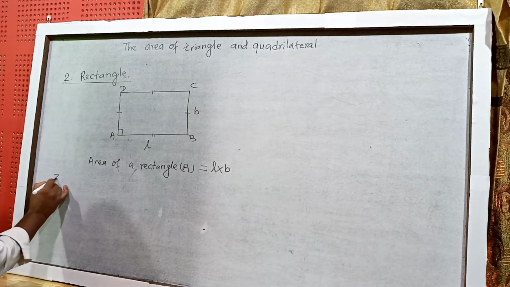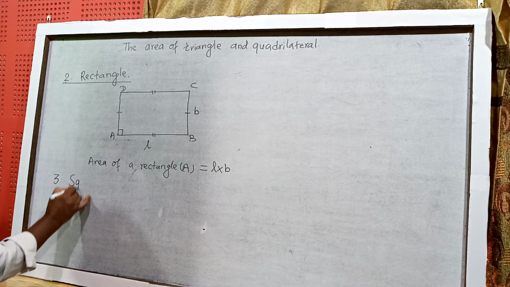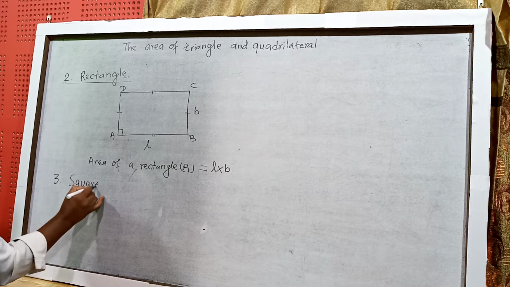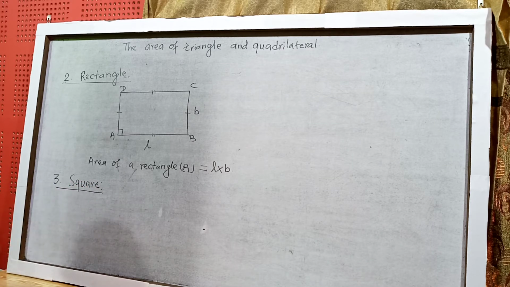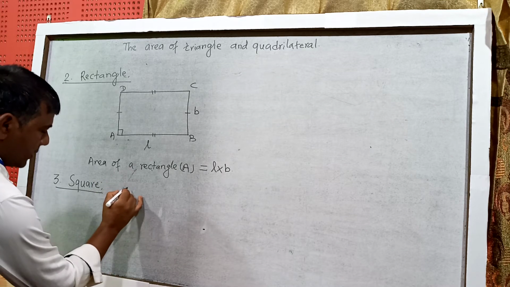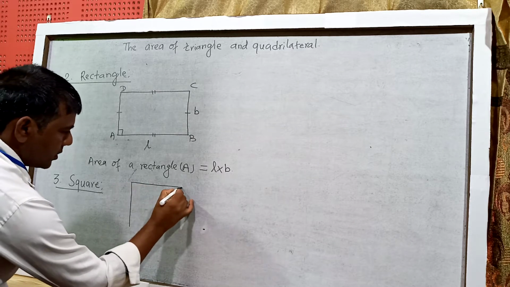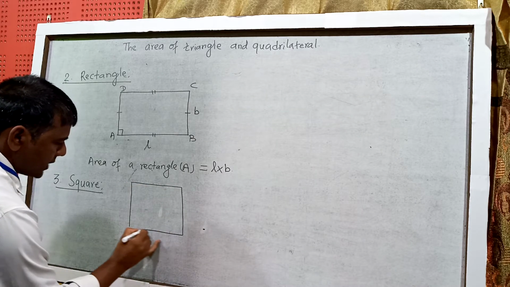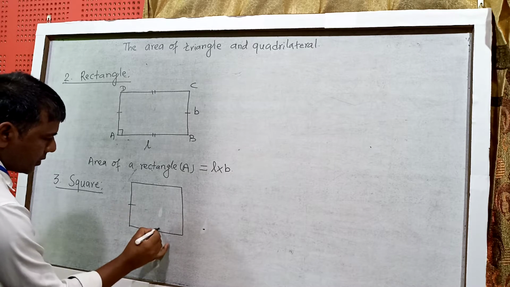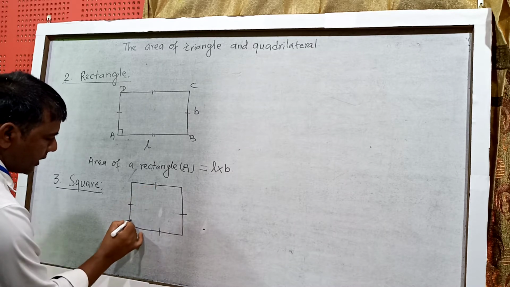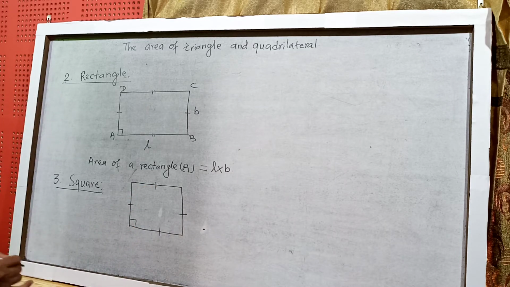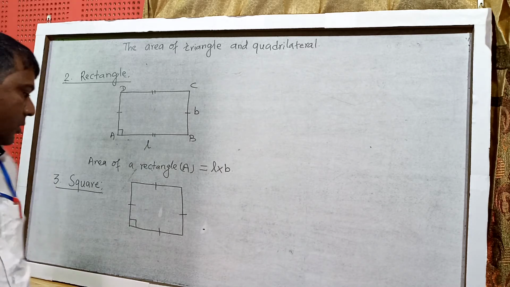Next, number 3, square. Square is a parallelogram in which all sides are equal and at least one of its angles is a right angle. This is a square.